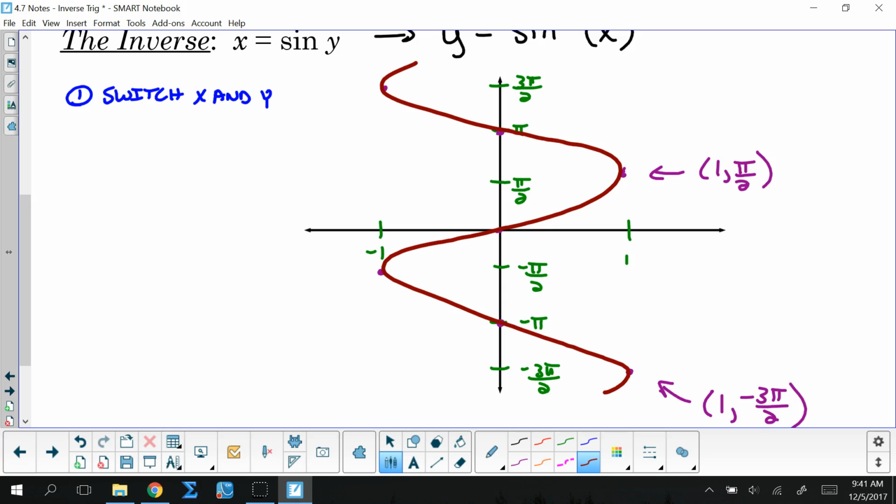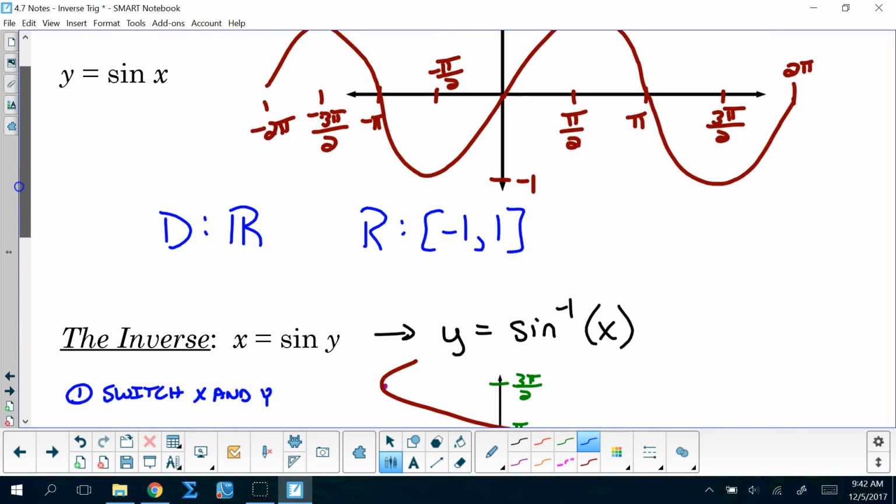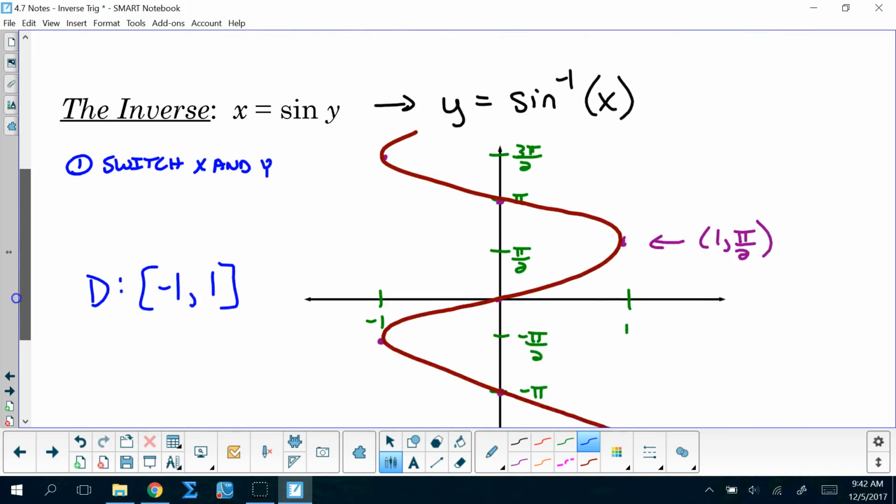My question to you now is this. What is the domain here of my inverse? Negative 1 to 1, which is the switch of the range from before, right? Okay.